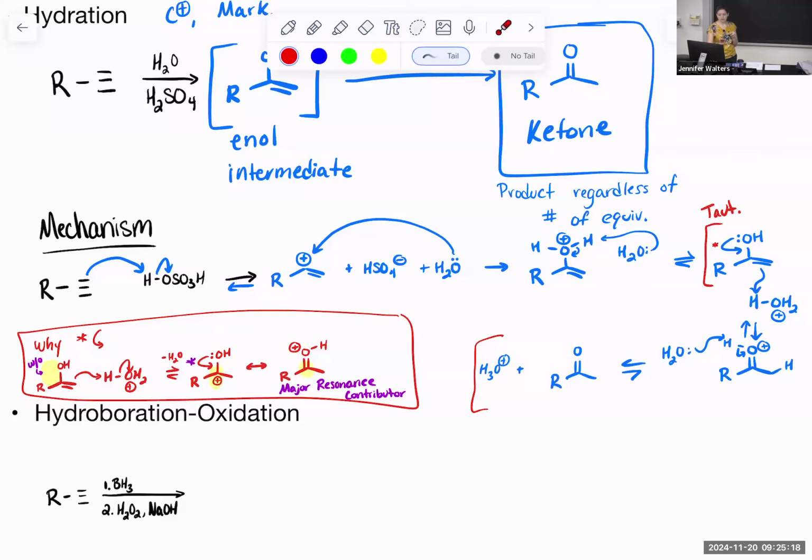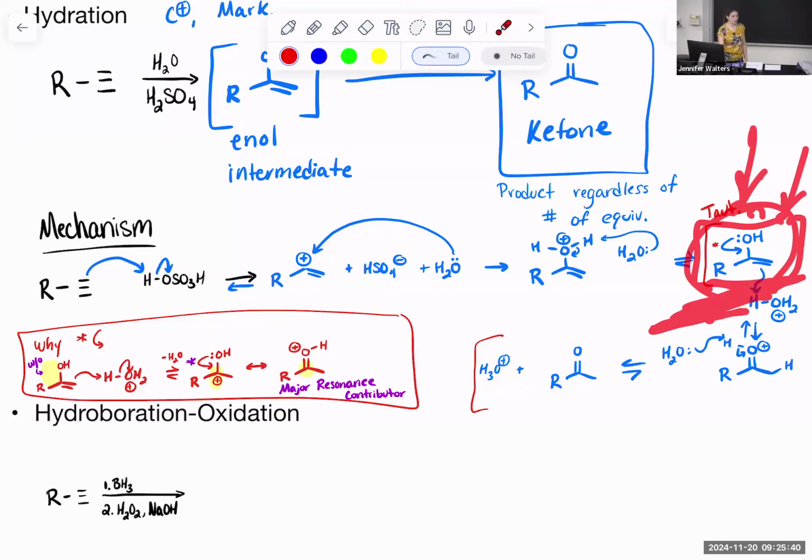This is something that all enols will do. All enols will have the lone pair fall down and push out the pi bond. So you'll spend a month or more in Orgo 2 where you're just going to draw this over and over and over, because this is what they do.